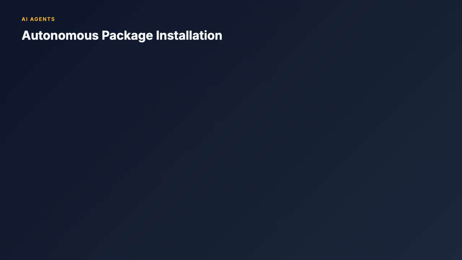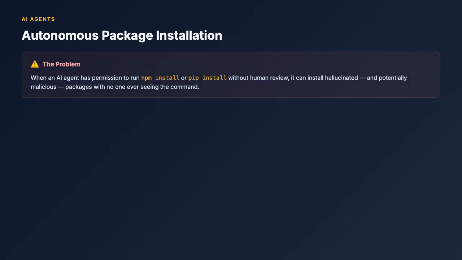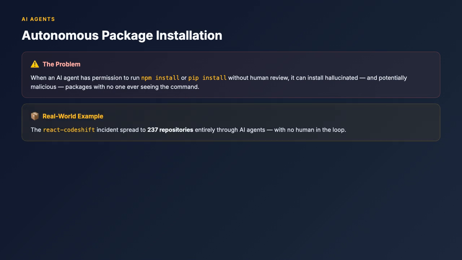There's a growing risk as AI agents become more capable: autonomous package installation. When an agent has permission to run npm install or pip install without human review, it can install hallucinated and potentially malicious packages with no one ever seeing the command. The react-codeshift incident is a perfect example, spreading to 237 repositories entirely through AI agents with no human in the loop.